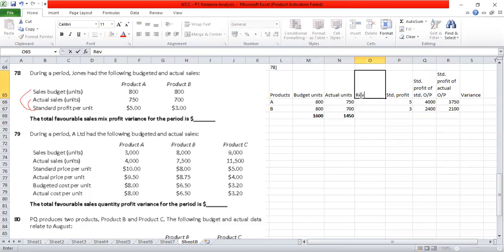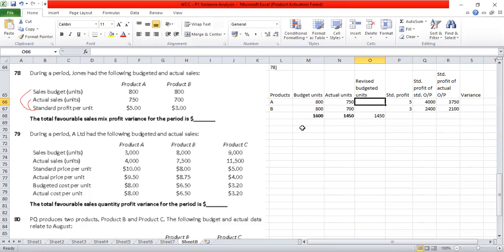Let me put it here. Revised budgeted units. That has to be adjusted according to the actual units. Actual units are 1450. That's the first mistake I made. Then this 1450 should be in the ratio of this.